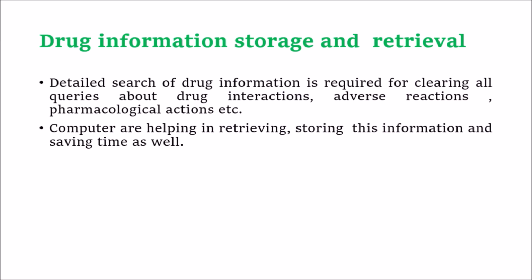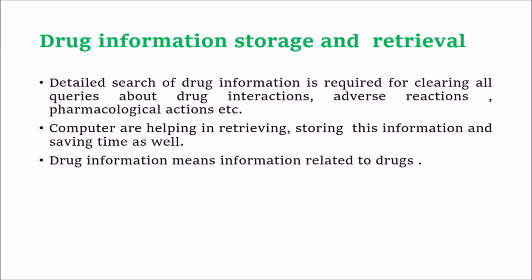With the help of computers, they can retrieve and store that information, and for this purpose the computers are saving time. So computers are helping in retrieving and storing this information.